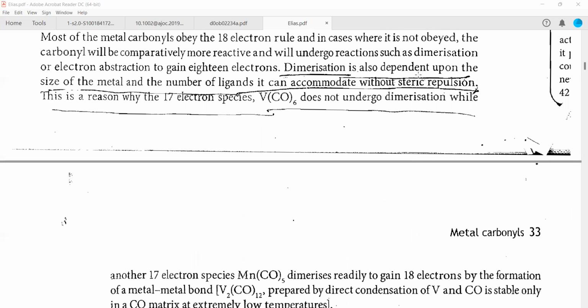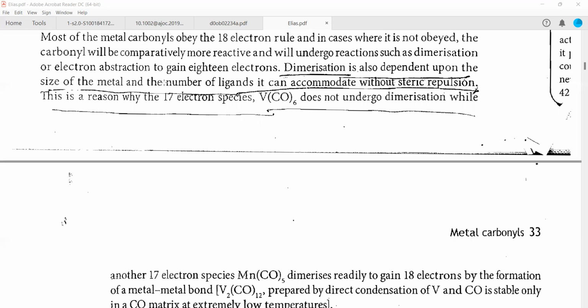Also, dimerization is dependent upon the size of the metal. I told you, right? If the metal was small enough, then the dimerization would not have happened, because there would be a lot of steric disturbance, which no metal wants, or any creature on the earth, because nobody wants to be unstable. Everyone wants to be stable, and that is why dimerization is highly dependent upon the size of the metal and also the number of ligands it can accommodate without steric repulsion.